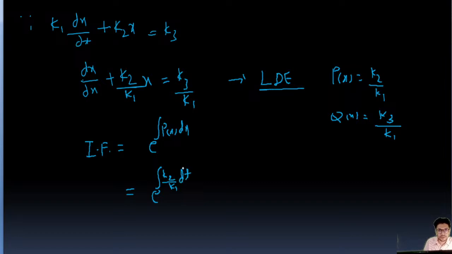Sorry, this is dt, not dx, my apologies. The integration of this constant is t, so it is e to the power k2 upon k1 t.